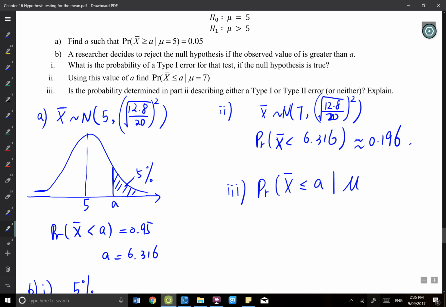Should I reject it when I observe something less than A? According to this question, no, because the question tells us we only reject it when the value is greater than A. So do not reject H0.